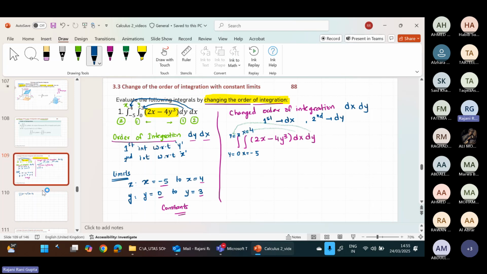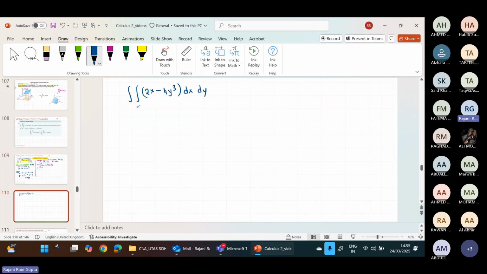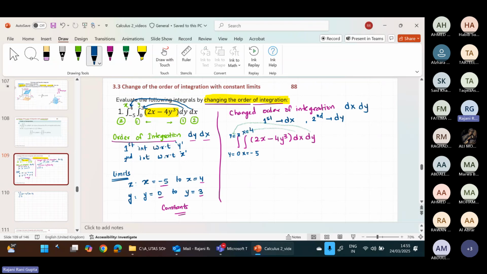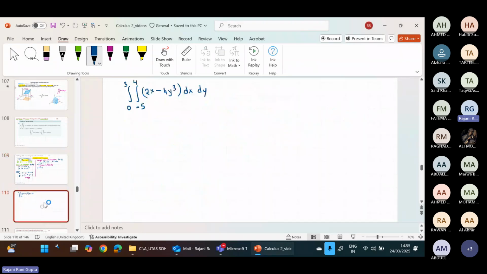The value of x is from -5 to 4, and limits for y is from 0 to 3. In the constants case, when we change the order of integration, it will not change the value of the integral. So either you solve this dx dy, or you solve the integral with dy dx, you end up with the same answer.